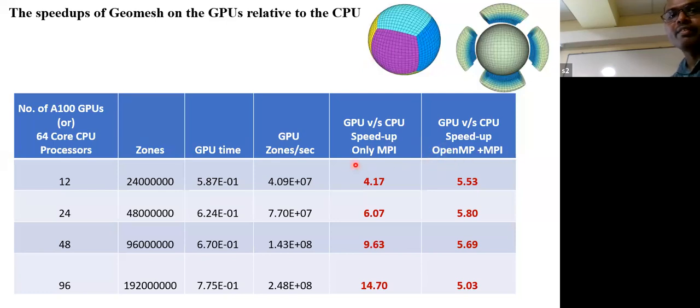This is the speed up that we get with only MPI. This speed up is compared with the GPU. So we get about 5 times speed up effectively with OpenMP and MPI combined together. And then with MPI only, the speed up keeps increasing as we increase the number of processors. That's because the amount of communication is going to be huge. Because 96 into 64, that many patches will be there, and that many patches have to be communicated each time.